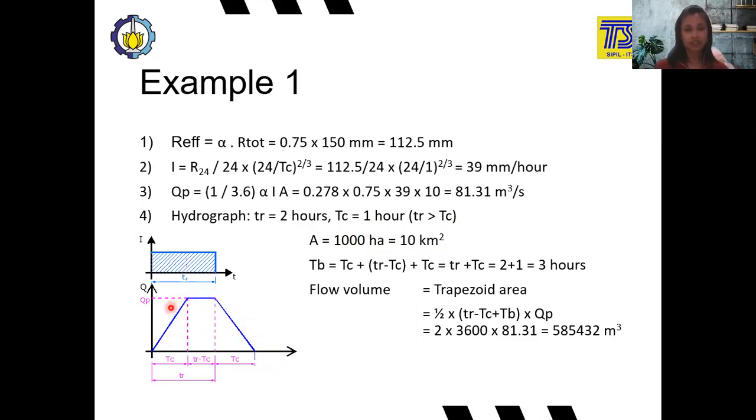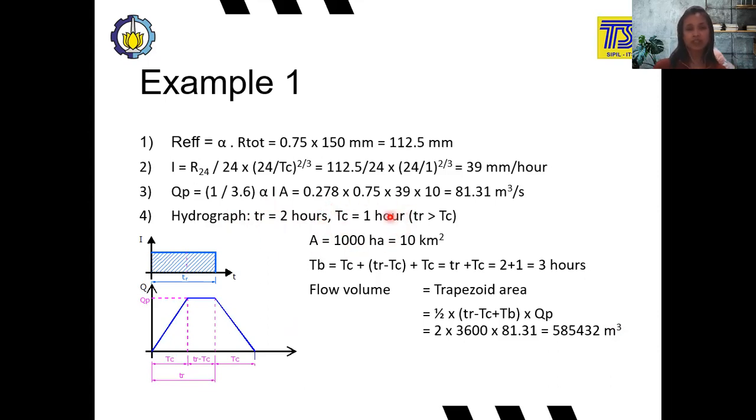So we calculate the area of this hydrograph, and after that we can know the volume of the water running in the watershed, the amount of the water is this, 585,432 meter cube. So this is the example if the time of the rain is longer than the time of concentration.